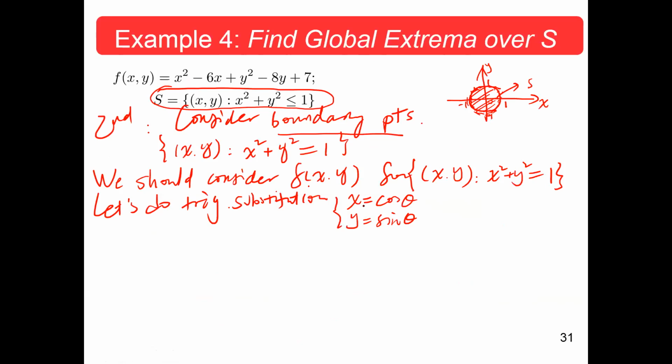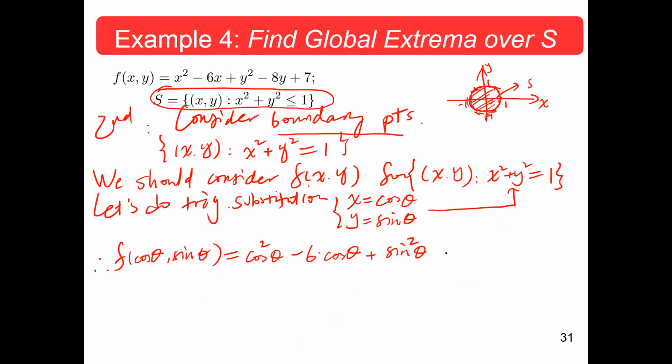So x squared plus y squared has to be 1. They fit this unit circle. Make sense? And then our function value, f at cosine theta, sine theta, will just be cosine theta squared minus 6 times cosine theta plus sine theta squared minus 8 times sine theta plus 7.